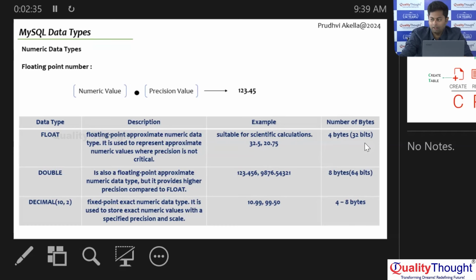Now, coming to double. When I say my column is a double, it is also a floating point approximate numerical data type, but it provides higher precision compared to float. With float you can store only 2 precision values, but with double it can store 4. The proximity, compared to a float, is a little higher. That means it is a little closer to your exact value.